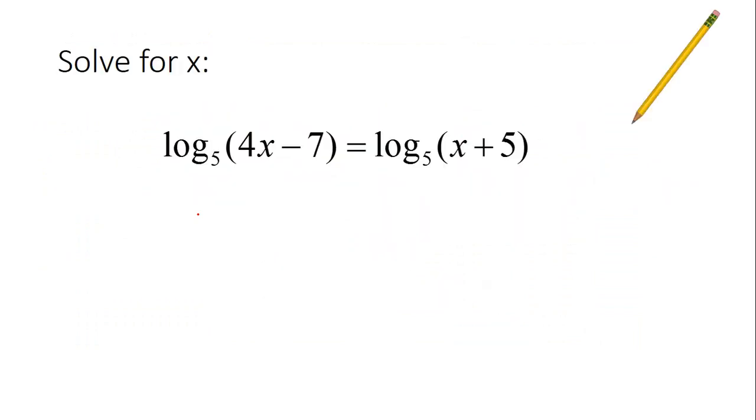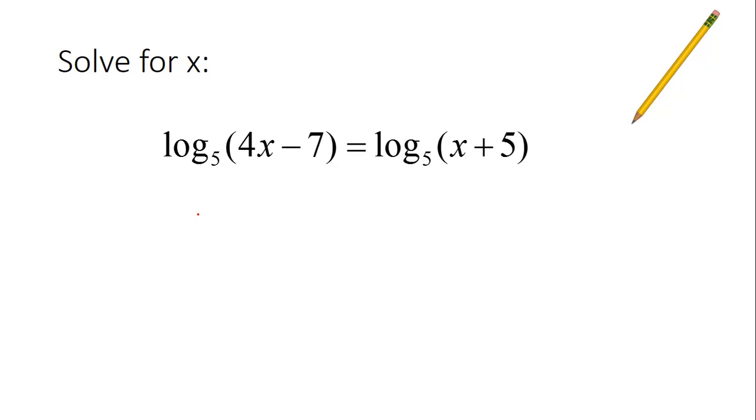So the first kind of equation that you'll be looking at is when you have a log on both sides. Ultimately, guys, what is this? Well, I've got log base 5 of 4x minus 7 equals log base 5 of x plus 5. Ultimately, I need the inside of the log to be the same.